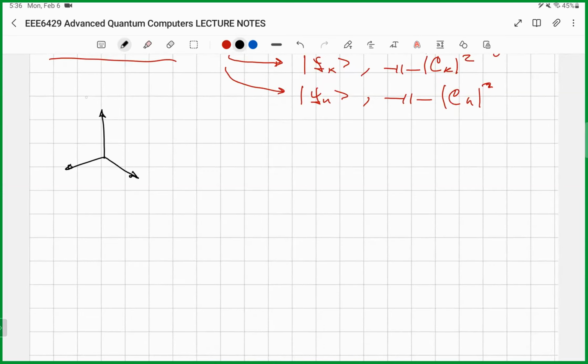For example, this is psi 1, this is psi 2, and this is some psi n, etc. And you have a system that is prepared in a state psi. And then you do measurement, you measure your system.